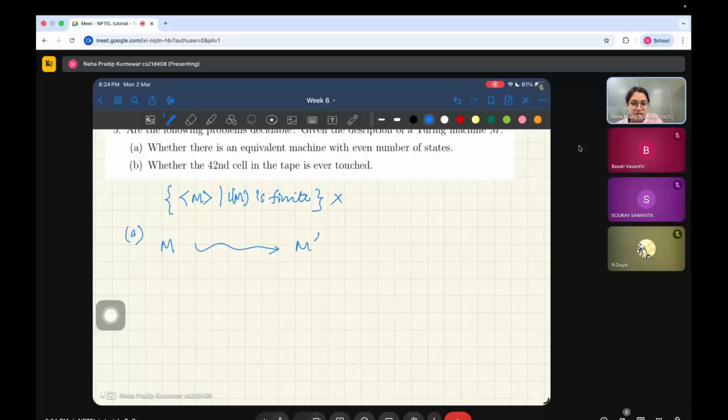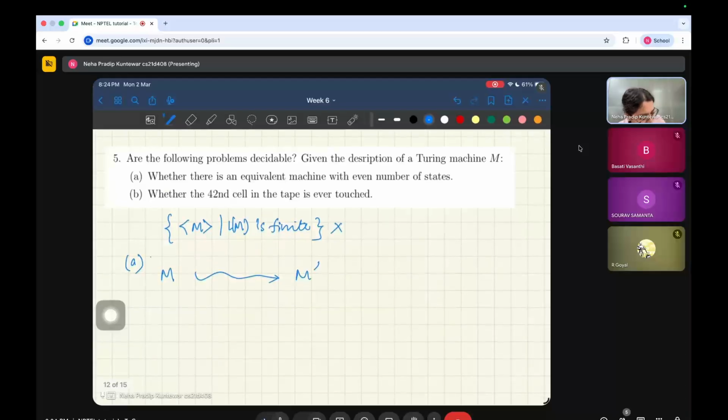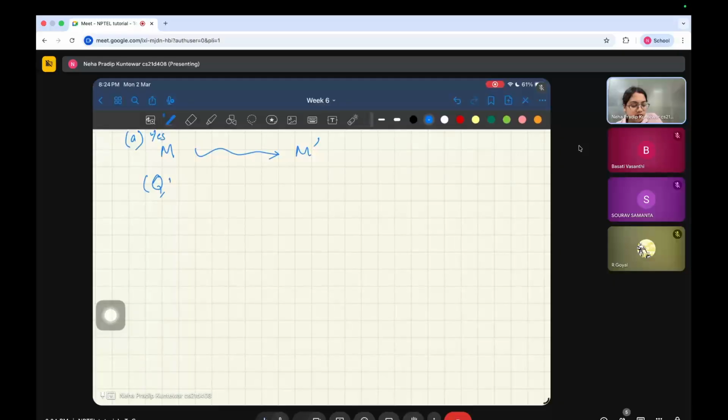But okay, let me just write down whatever you said about A. The answer to A is that yes, you can convert it into an equivalent machine. You are given this description. If the size of Q is even, then M prime is the same as M. If the size of Q is odd, then you introduce a dummy state.